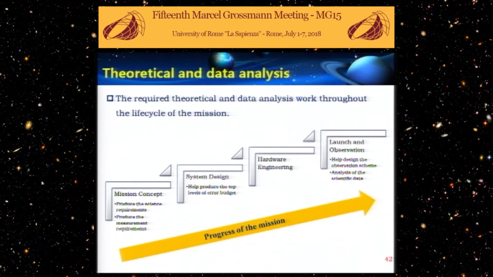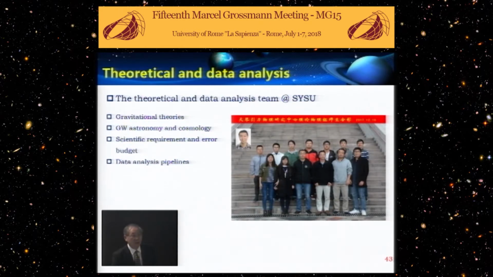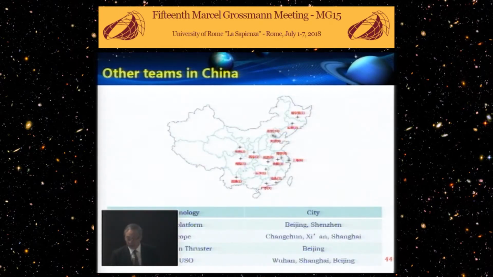We already have a group here, and Professor Jianwei Mei is part of it. We hope some people will join this group, because data analysis is very, very important. We have other teams in China. Here are some red stars.